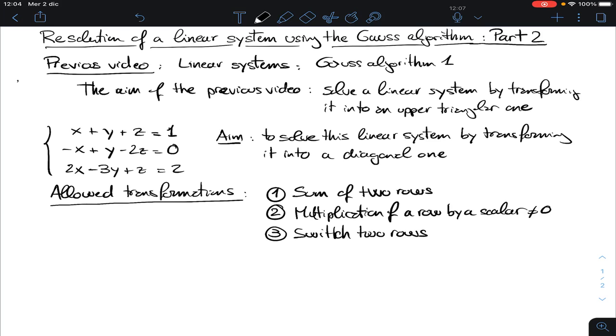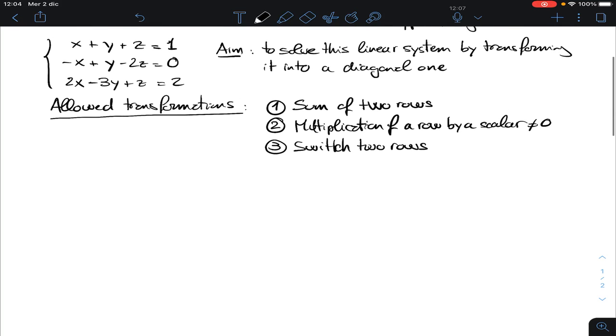Let me show you this on the example I wrote before. Exactly as last time, we take the matrix of the coefficients of the equations. The first column is given by the coefficients of x, so 1, minus 1, and 2.